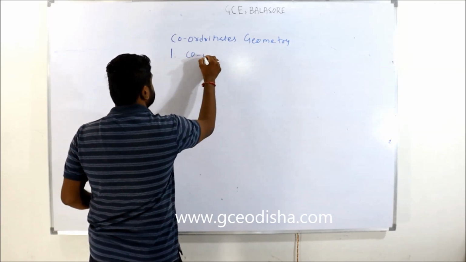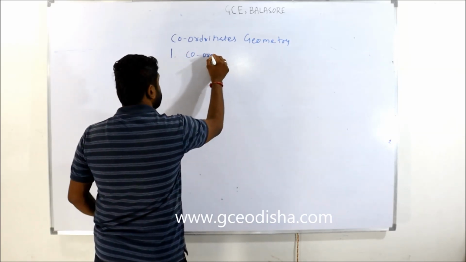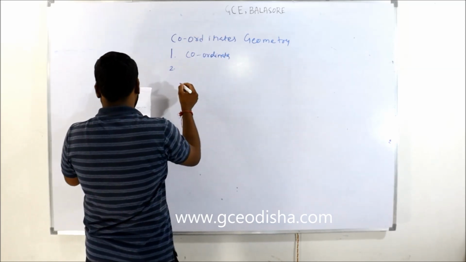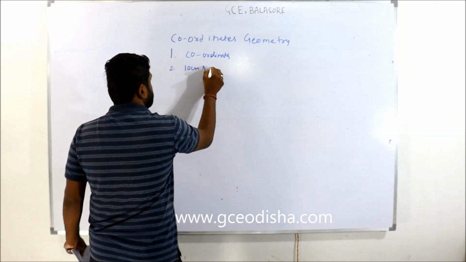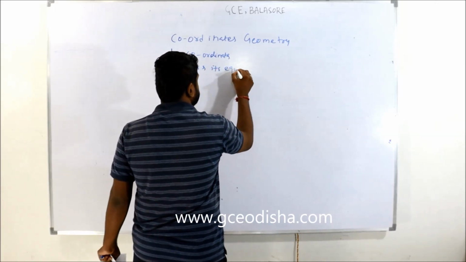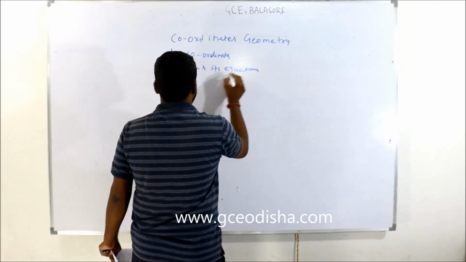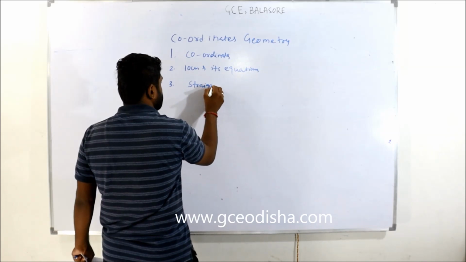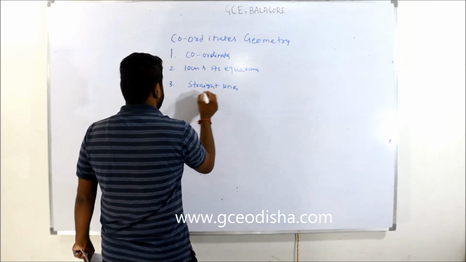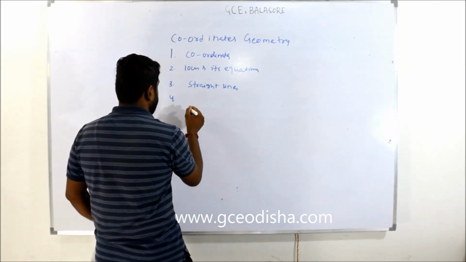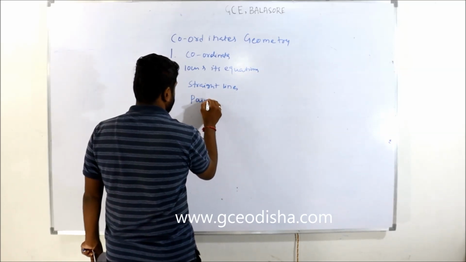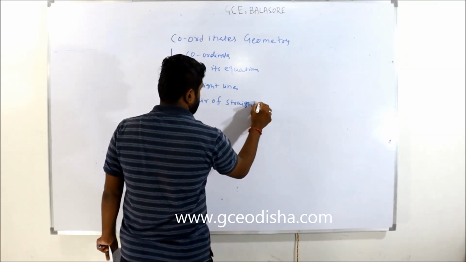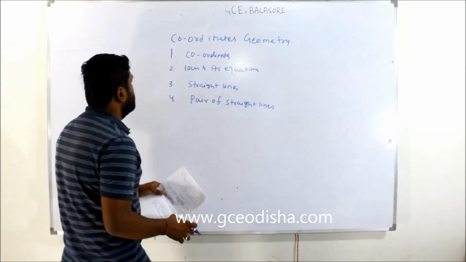One is coordinates, part 2 is locus and its equations, part 3 is straight line, and part 4 is pair of straight lines.